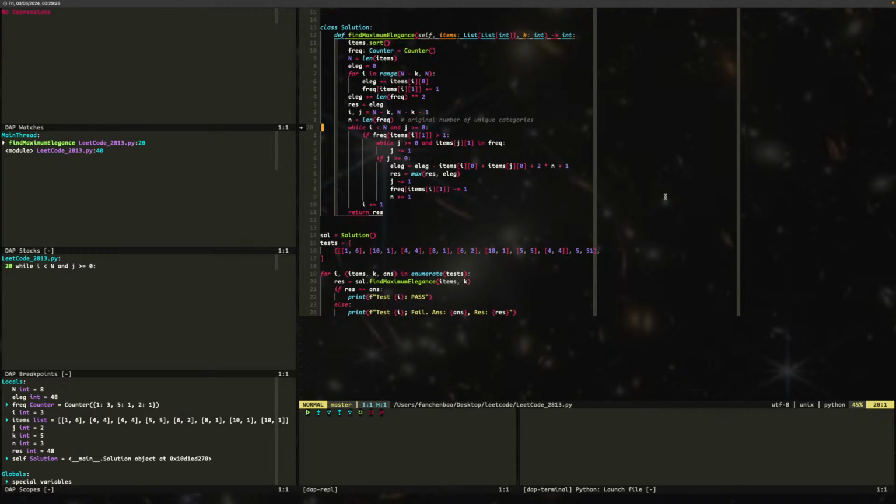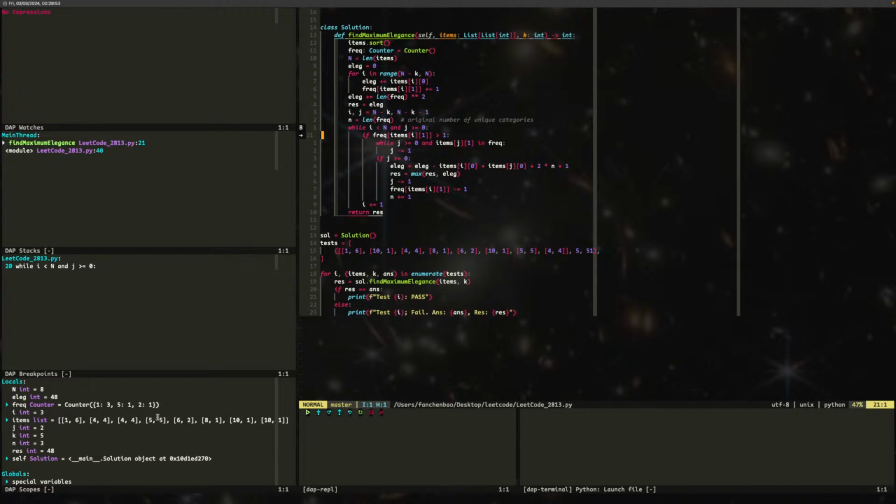Frequency: we have 1 is 3, with 5, right? So 1, 2, 3, 4, 5. Frequency 1 is 3, 5 is 1, and 2 is 1. And j, so 0, 1, 2, j is at 2, i is at 3, perfect. n is 3, perfect. Rest current is 48.